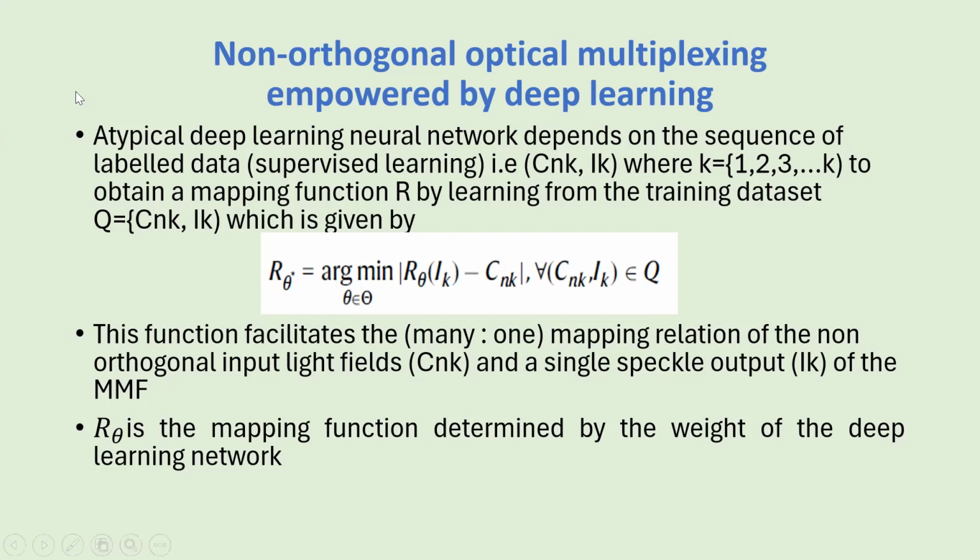So this function here, R theta equals arg min the magnitude of R theta of C_NK minus I_K. I_K here is the output signal, the output light field. And then C_NK, those are the pool of non-orthogonal light fields that are being subjected to a multiplexer.